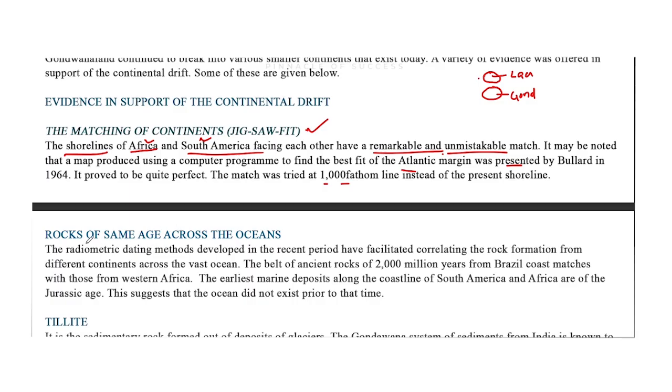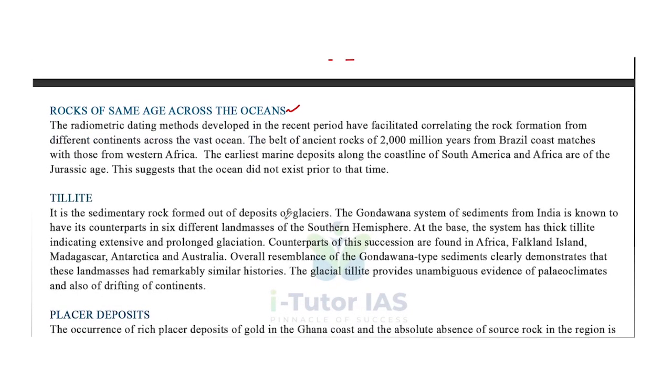Second one, rocks of the same age across the ocean. The radiometric dating methods developed in the recent period have facilitated correlating the rock formations from different continents across the vast ocean.